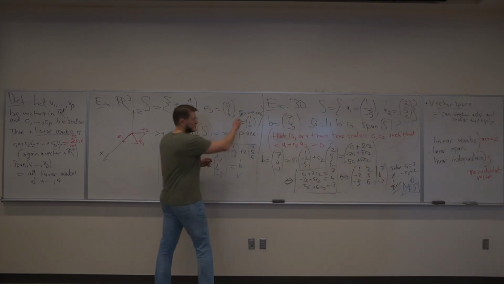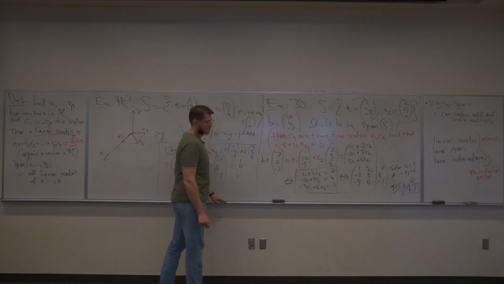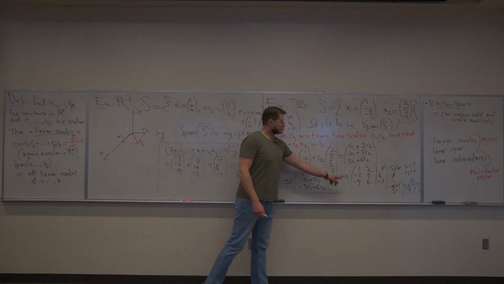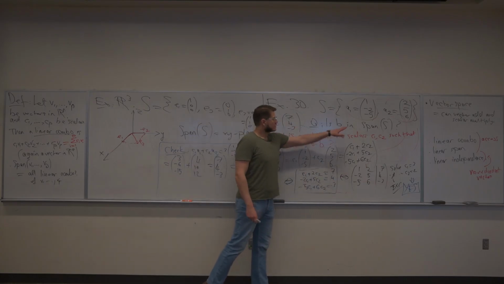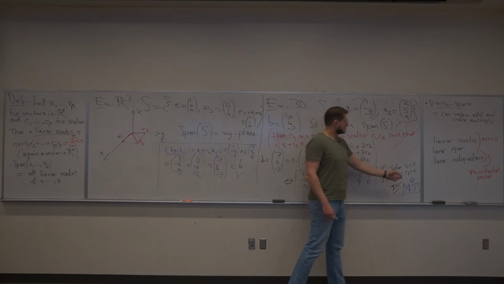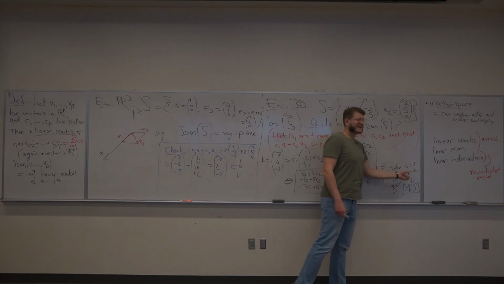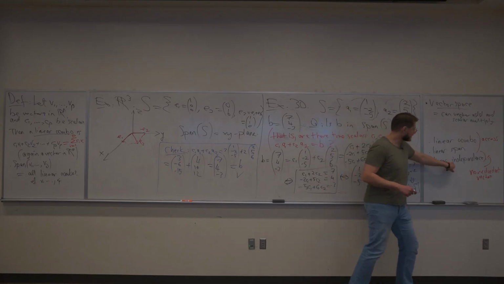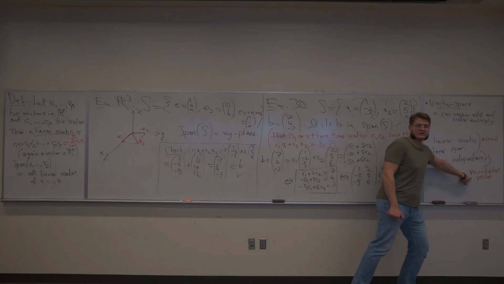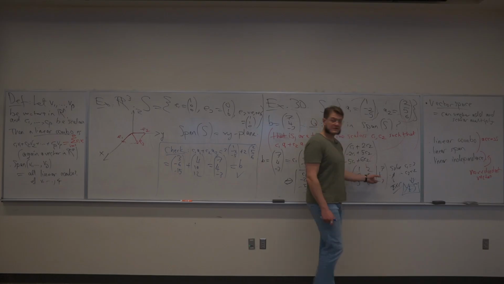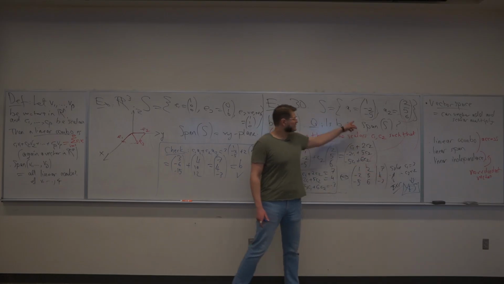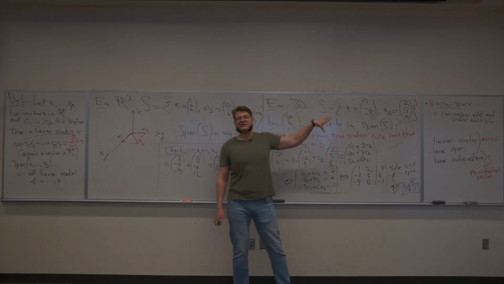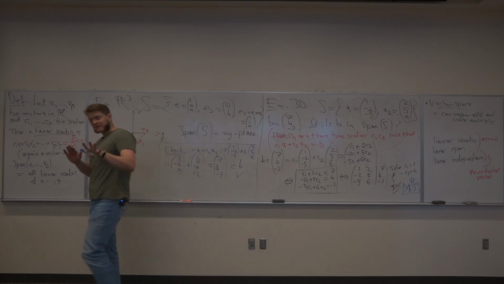So when you switch over to the system, B would be in the span if and only if you can find at least one solution. You don't care at this stage if you have a unique solution. That would be about non-redundancy. If you have multiple solutions, that would mean that your set has some redundant vectors. But that's about the other part.